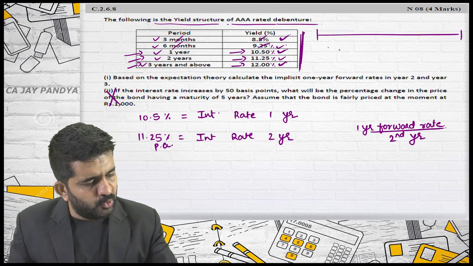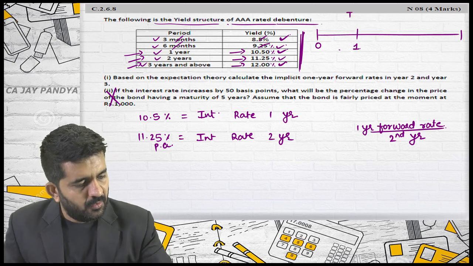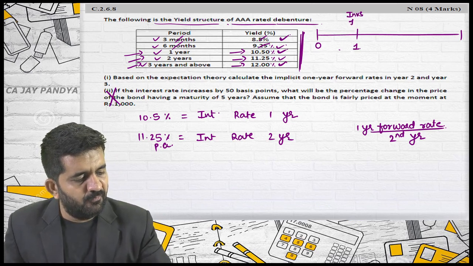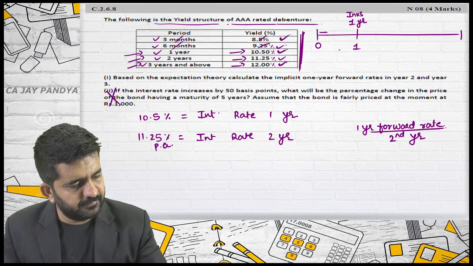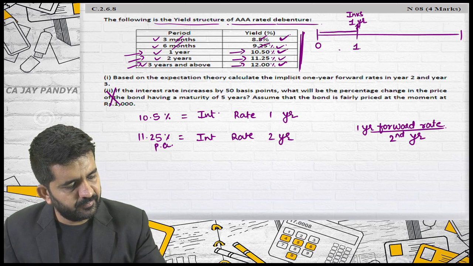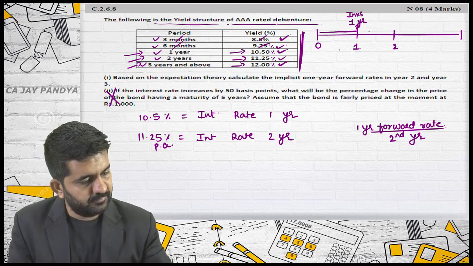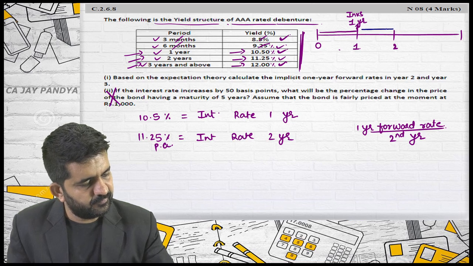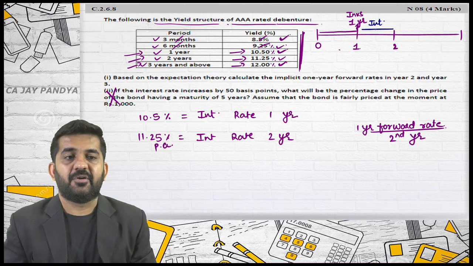If I want to invest 1 year from now, that is from year 0, for the period of 1 year, what will be my interest rate?